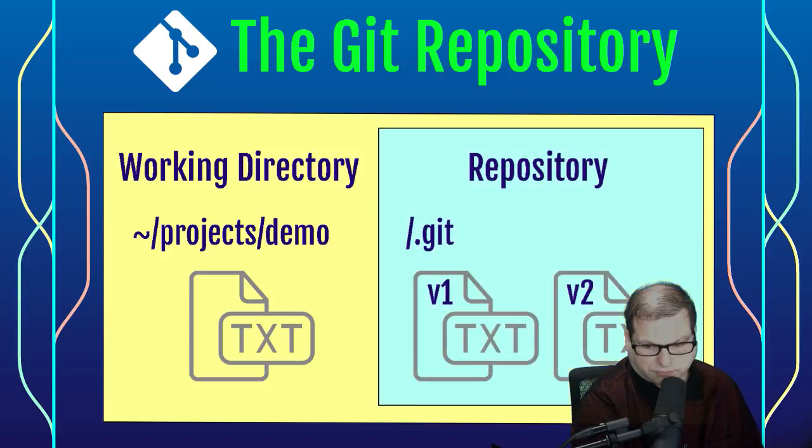However, there's a special .git folder at the root of your working directory that actually contains the repository. And that includes all history that's associated with your repository, so all different versions of the files as you check them in.